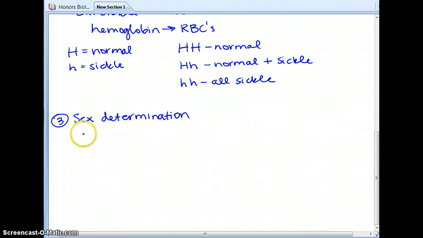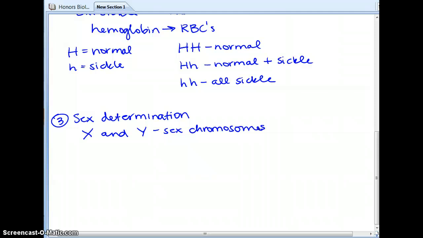As you well know, X and Y are our sex chromosomes, and these sex chromosomes carry genes for things that help us be male and female. The X chromosome is much larger than the Y chromosome. The Y chromosome carries roughly 100 genes versus the X chromosome, which carries way more genes and is much more like a normal chromosome size.